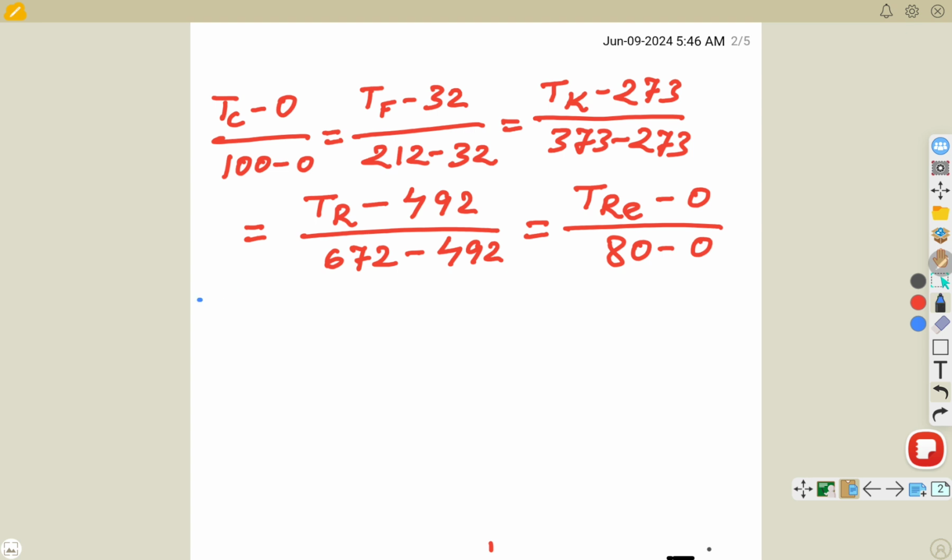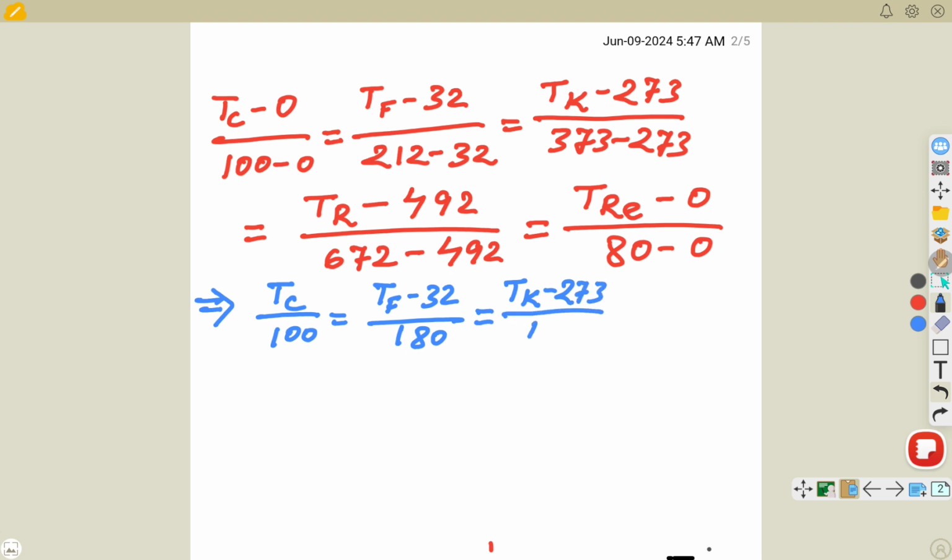If we further simplify it, we can write TC upon 100 is equal to (TF minus 32) upon 180 is equal to (TK minus 273) upon 100, (TR minus 492) upon 180, TRE divided by 80. If we further simplify it, let's see.